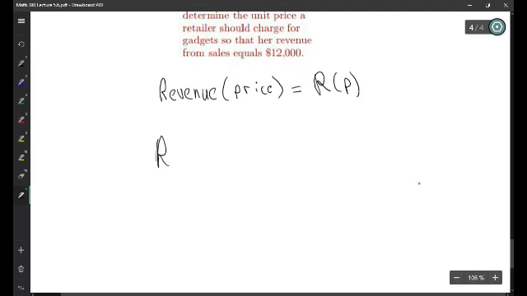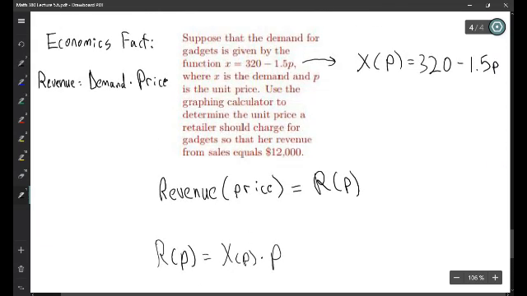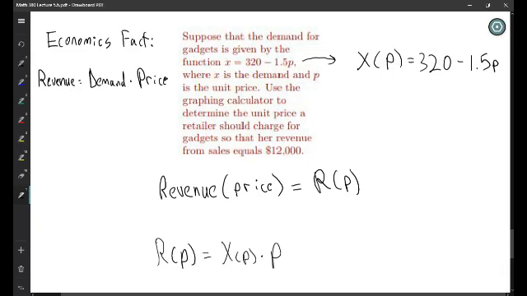So R of P is X of P times P. Thus, in our case, we have revenue as a function of price, X of P is 320 minus 1.5P.